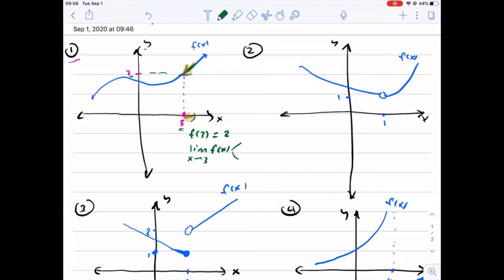So when x goes to 3 from the right, we write it as 3 plus, the limit of f of x is 2. Now what about the limit from the left? As x approaches 3 from the left, what happens to the graph? The graph approaches 2.